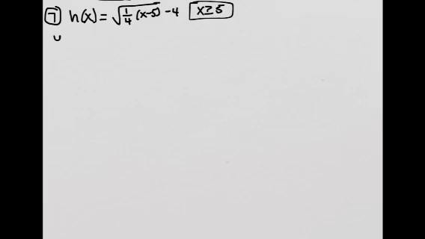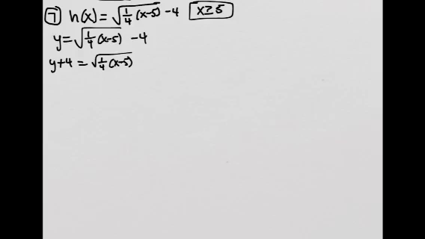So now we're going to do y equals the square root of 1/4 x minus 5, minus 4. We're going to add 4 to both sides. Okay, so the 4 is gone because we added 4 to both sides. And now we've got to get rid of the radical, so we're going to square both sides.